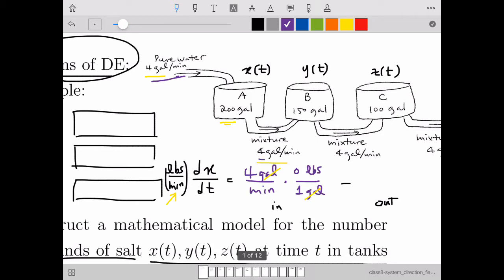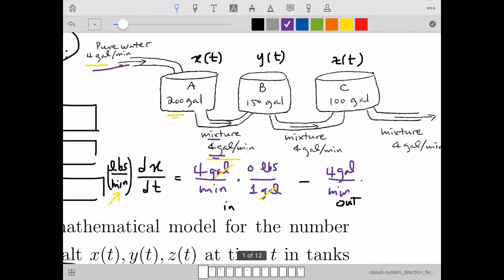Mixture is going out at the rate of 4 gallons per minute, times in how many gallons of water? Well, it comes in at 4 and goes out at 4, so the amount of water stays at 200 gallons.